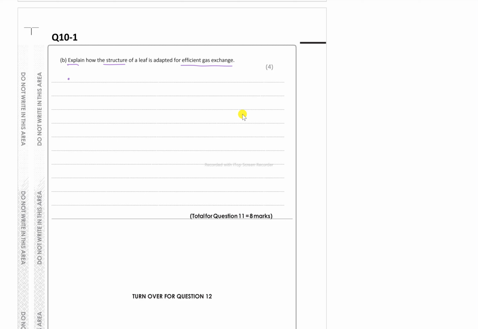Right, so the leaf, remember this is how we start. The leaf has a large surface area. What for? For efficient gas exchange.